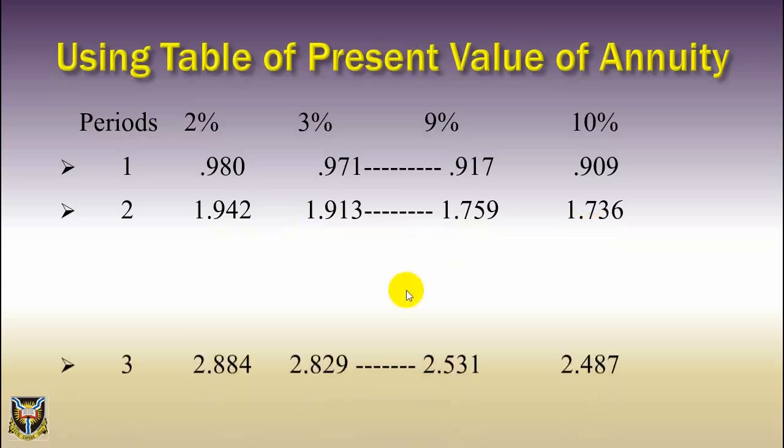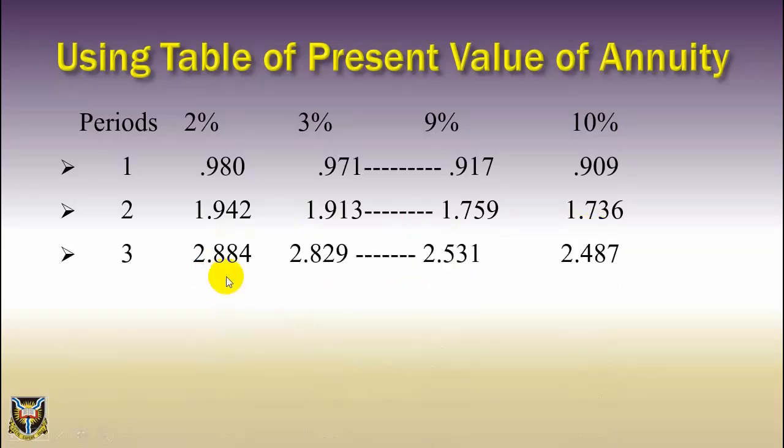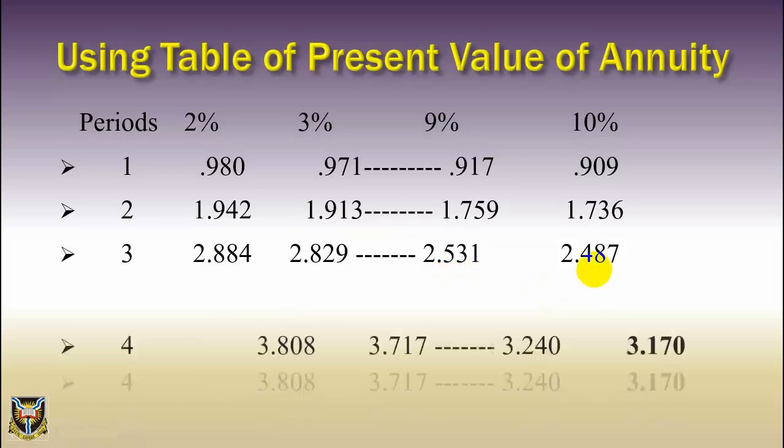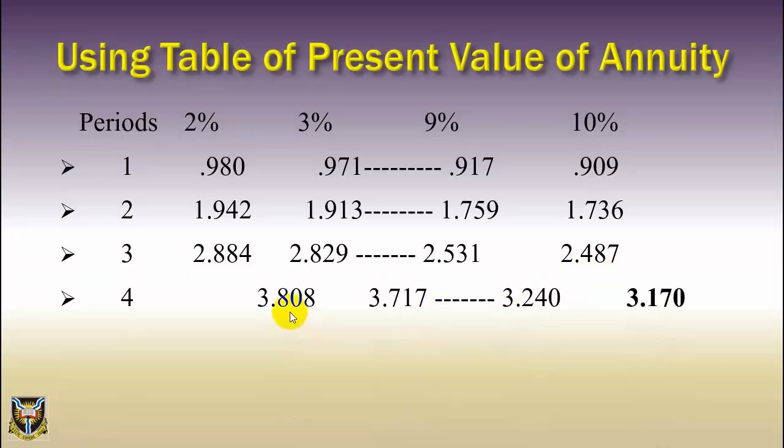Period 3: 2.884 at 2%, 2.829 at 3%, 2.531 at 9%, 2.487 at 10%. Period 4: 3.808 at 2%, 3.717 at 3%, 3.240 at 9%, 3.170 at 10%.